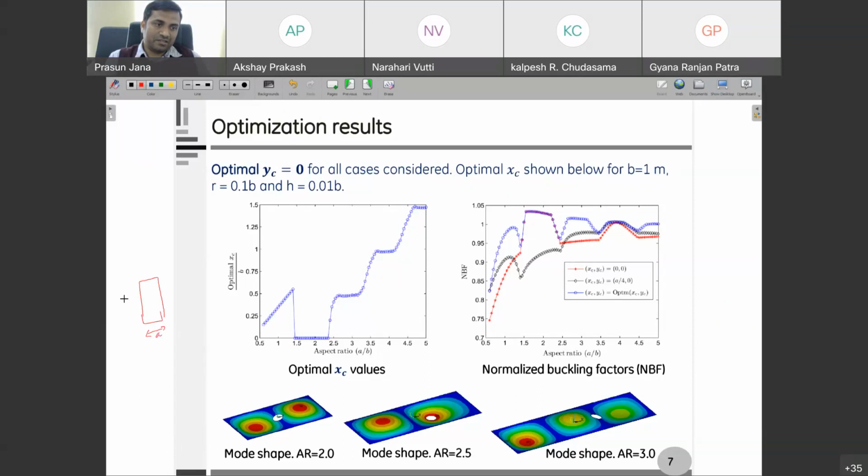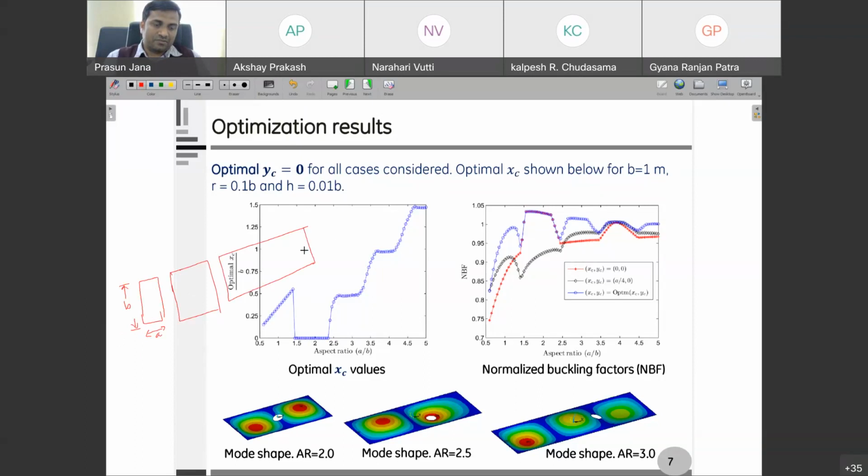So this is A and this is B, and the aspect ratio is less than 1. Then you have a square plate where the aspect ratio is 1, and then a rectangular plate like this.